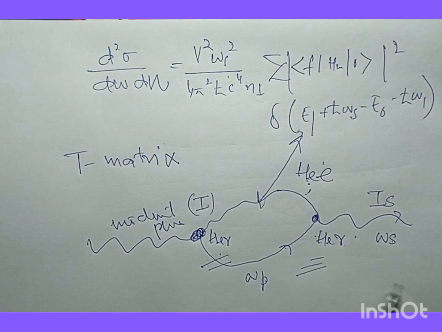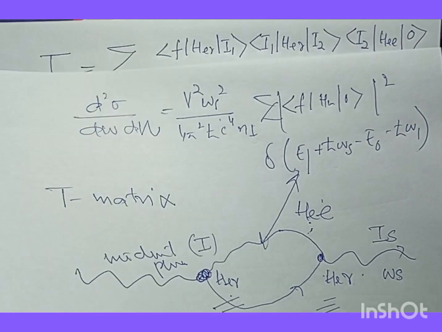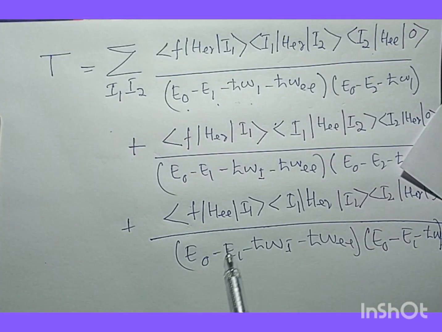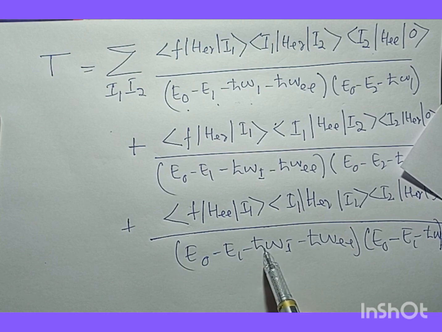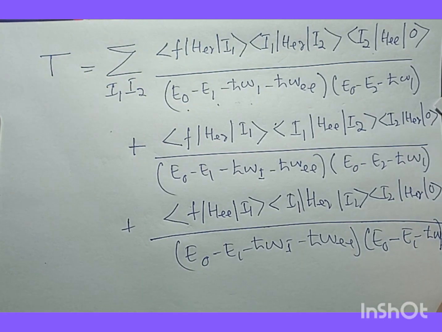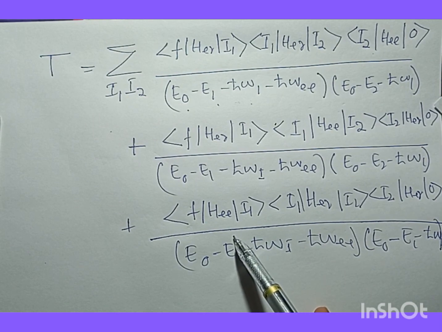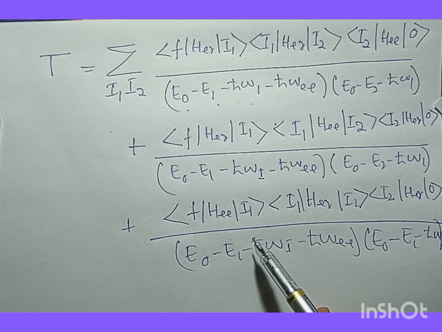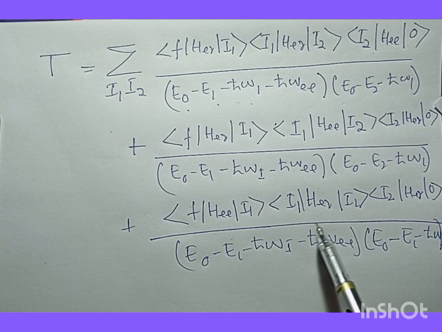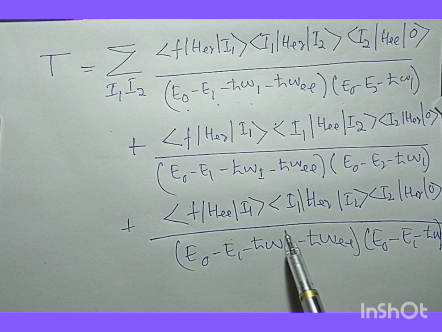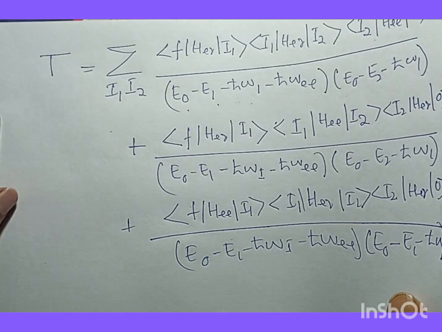Now the T matrix can be read off from the equations that we have written down here, by simply replacing this HEE with HEP, the electron phonon coupling Hamiltonian, and HER with H1, the electron radiation coupling term, and we can write down those crazy equations in terms of phonons.